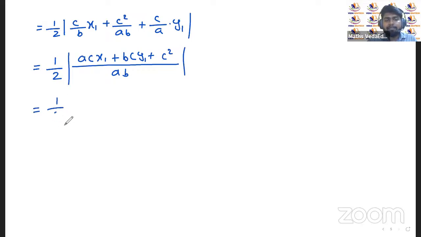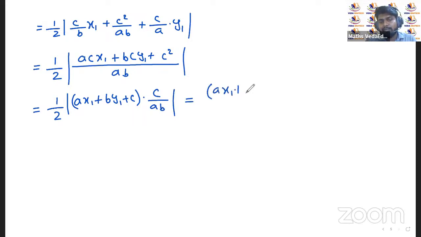Now half into modulus of ax1, I'm taking c common from this, by1 plus c, this whole thing into c by ab. So finally, we are getting the area, that is ax1 plus by1 plus c into c whole divided by 2 times ab. We can take the modulus here.